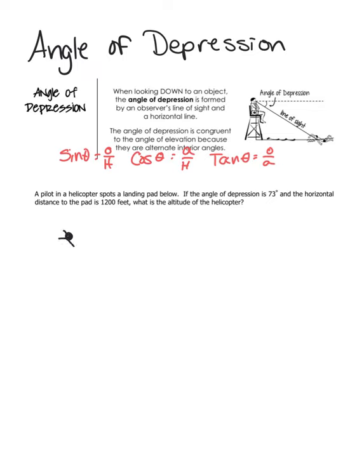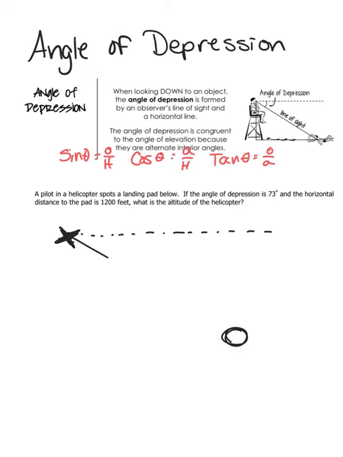I mean, you can draw your little rotator parts if you want to. So there's my helicopter in the sky. And it spots a landing pad. So my landing pad's somewhere over here. It says if my helicopter is looking straight across, then this is going to be its line of sight.